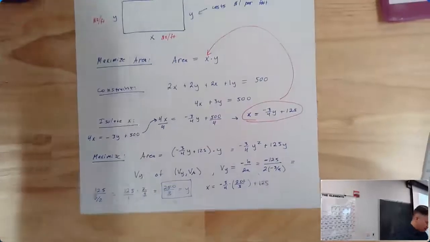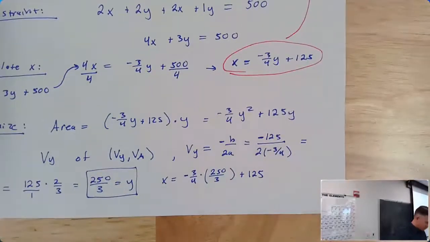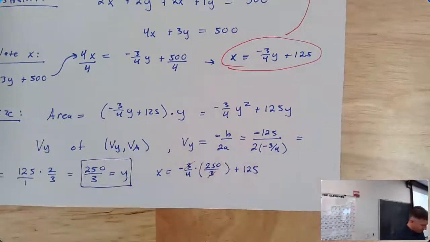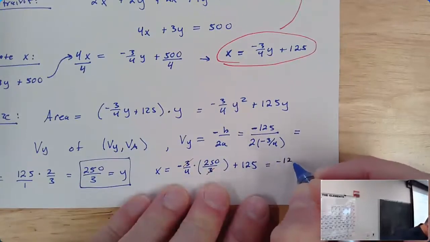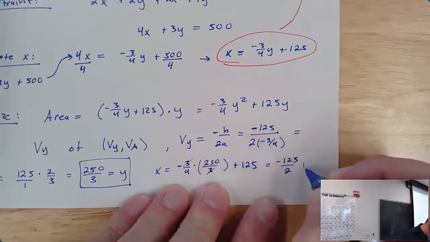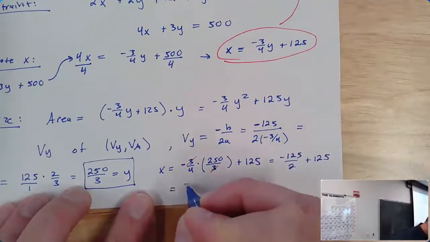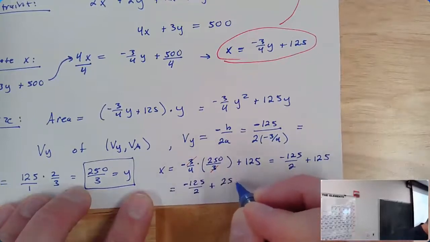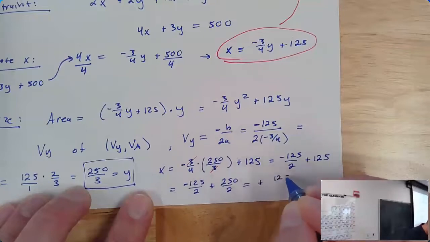Simplifying that a bit, those threes will cancel, and I've got -250 over 4, which reduces to -125 over 2, plus 125. Well, that's going to equal -125 over 2 plus 250 over 2, which is positive 125 over 2.